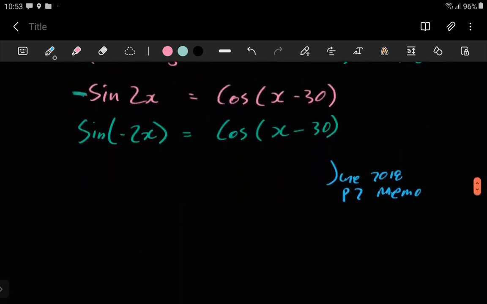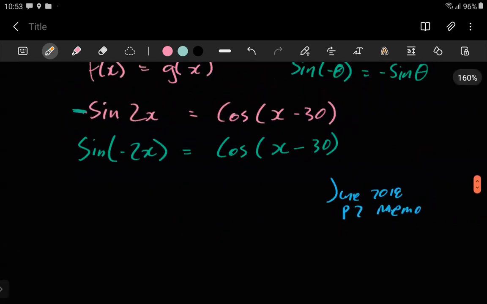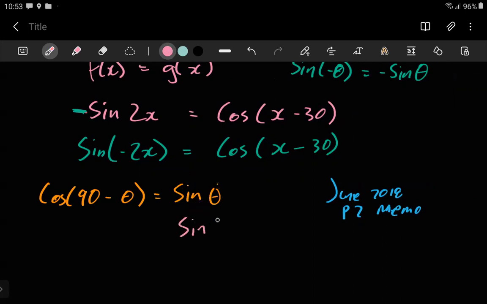The one thing I mentioned was it's usually better to change what you have to have cos's on both sides. The reason is, for cos, we know that cos of 90 minus an angle is equal to sine of that angle. So in our case here, we have sine with an angle.